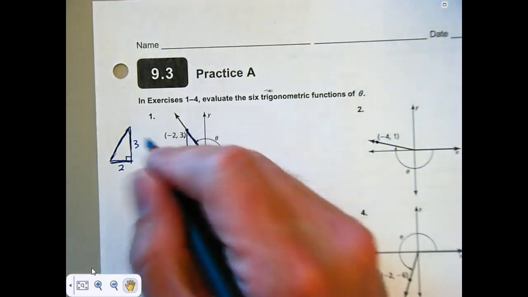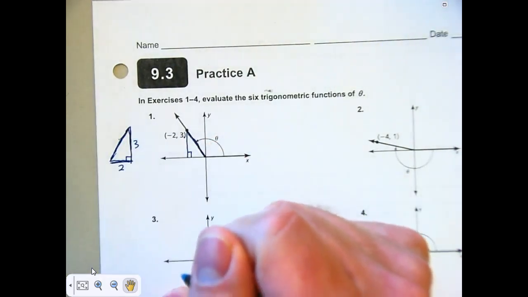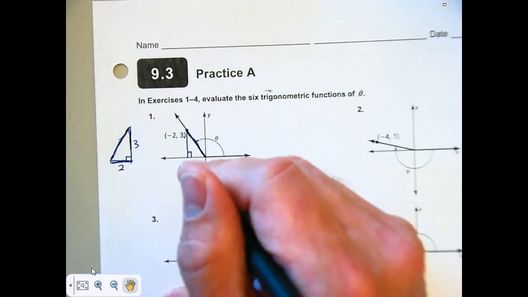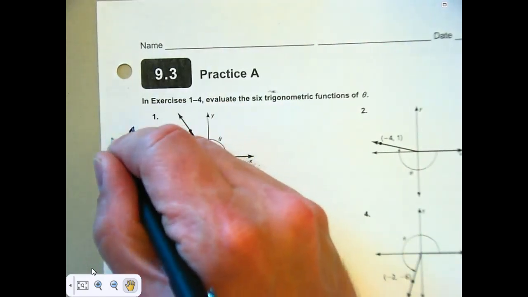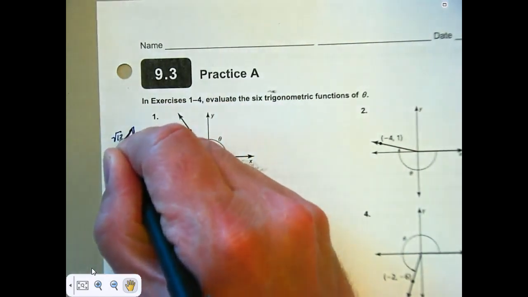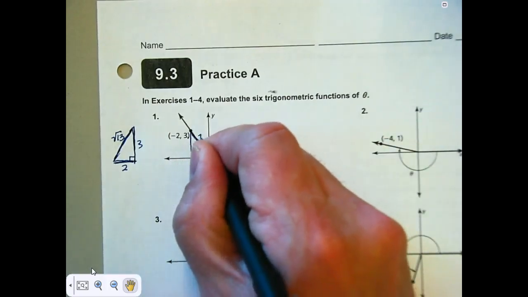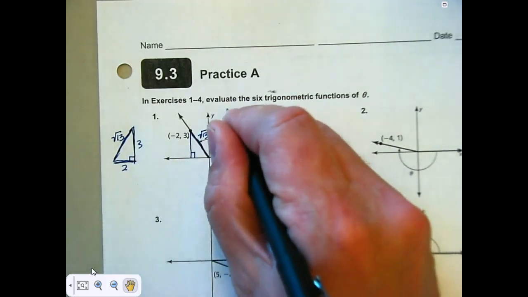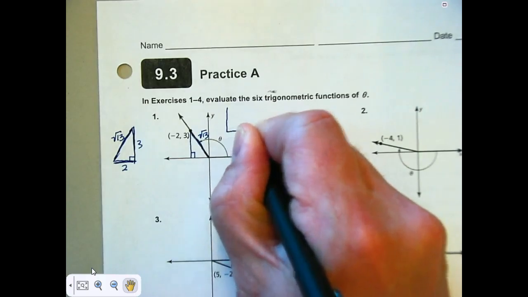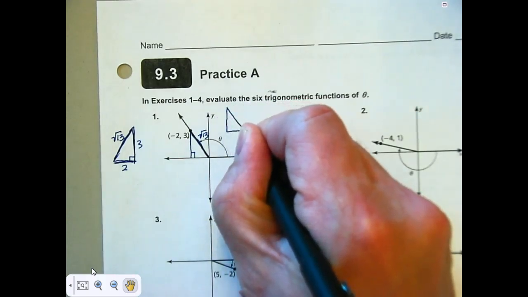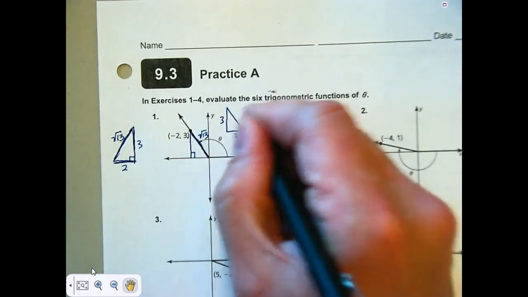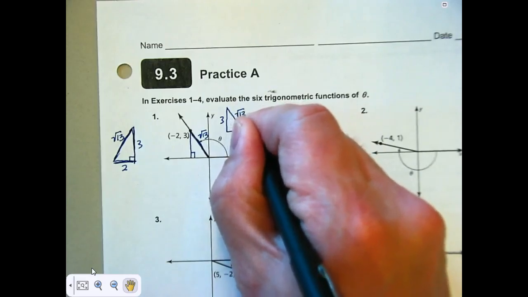So to find this hypotenuse right here, you could do the Pythagorean theorem and find out that the hypotenuse is root 13. So this is root 13. It may have made more sense if I would have sketched my right triangle in the correct direction. Sorry about that. Okay, so there's 2, there's 3, and there's root 13. Okay?